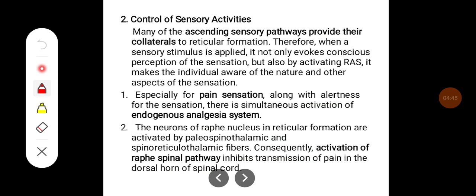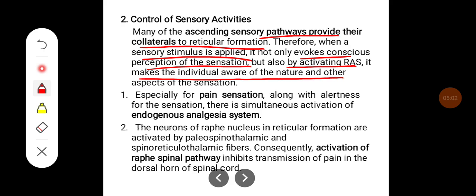Control of sensory activities. Many of the ascending sensory pathways provide their collaterals to the reticular formation. Therefore, when a sensory stimulus is applied, it not only evokes conscious perception of the sensation but also, by activating the reticular activating system, it makes the individual aware of the nature and other aspects of the sensation.